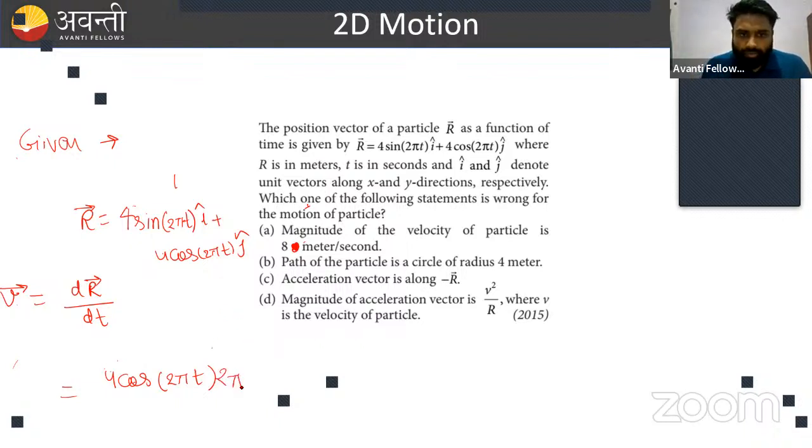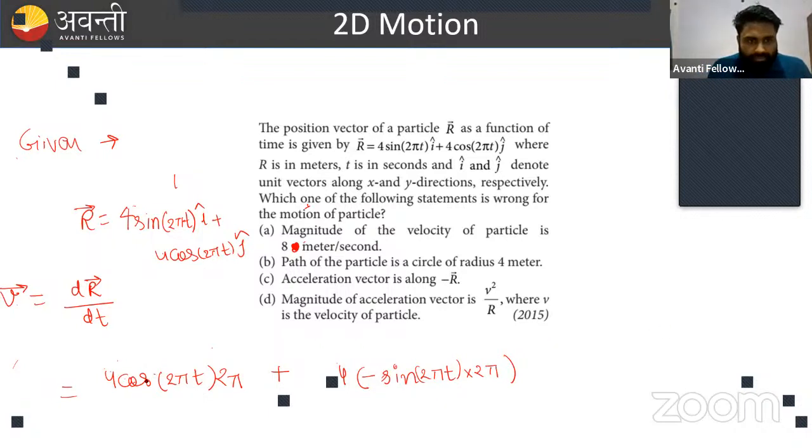Okay, so 2 pi plus again we have 4 cos 2 pi t. Okay, so 4 cos का differentiation क्या होना? What is the differentiation of cos? It is minus sine. So minus sine 2 pi t into 2 pi. Again, the differentiation of 2 pi t is 2 pi.